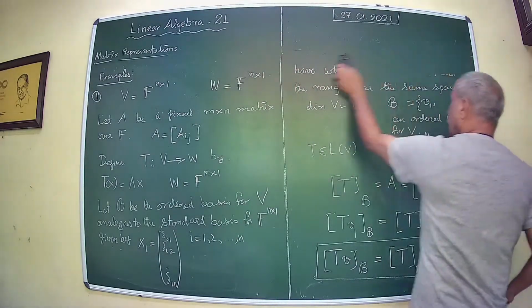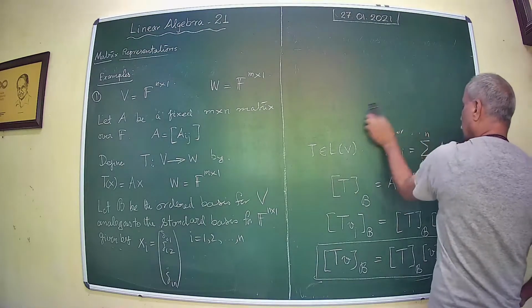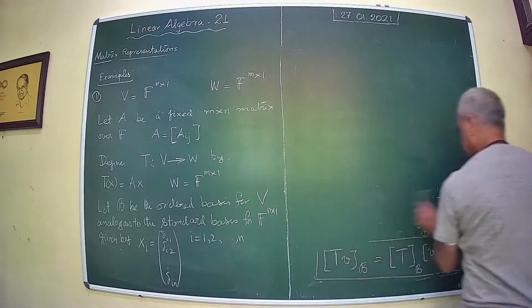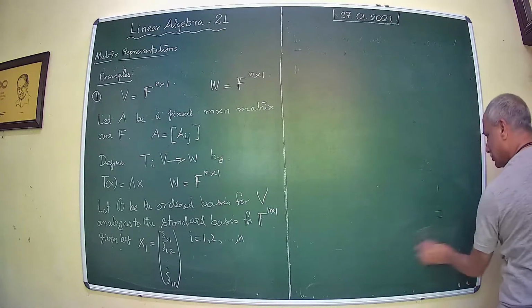This is the column vector with ith place equal to 1 and all other places equal to 0. This is the standard E1, E2, etc., again written in the column form.